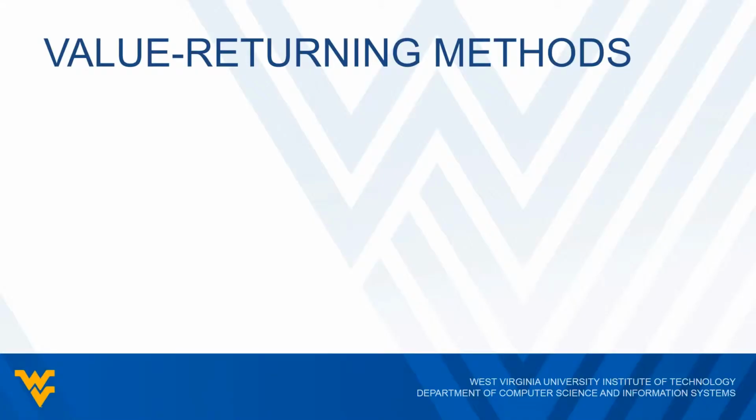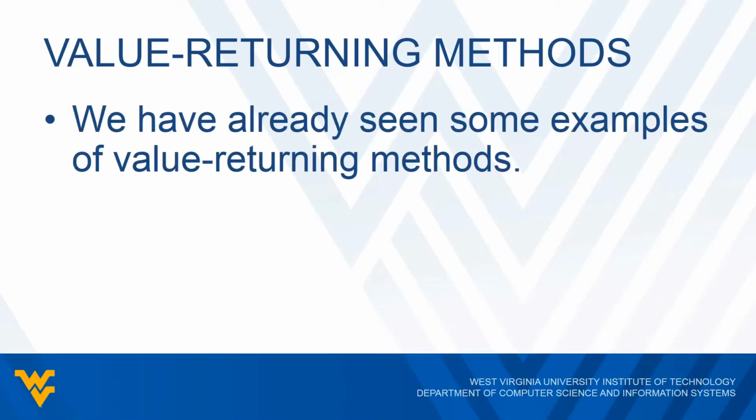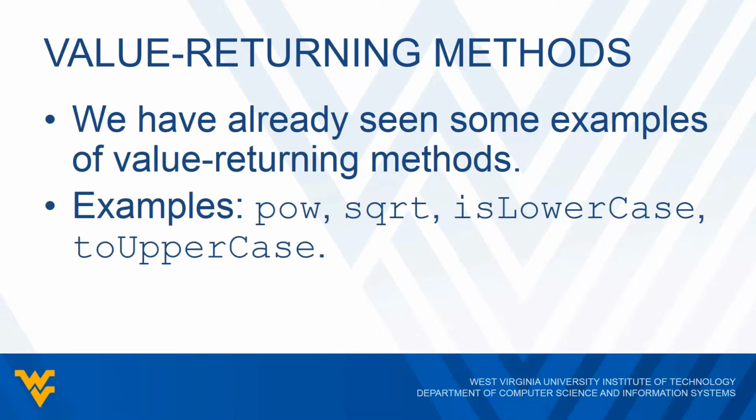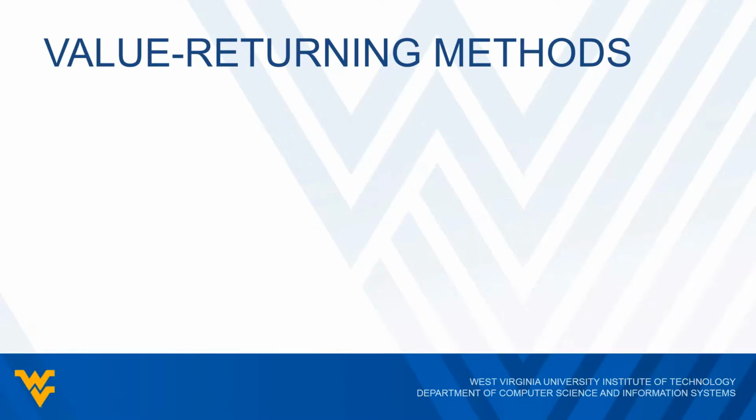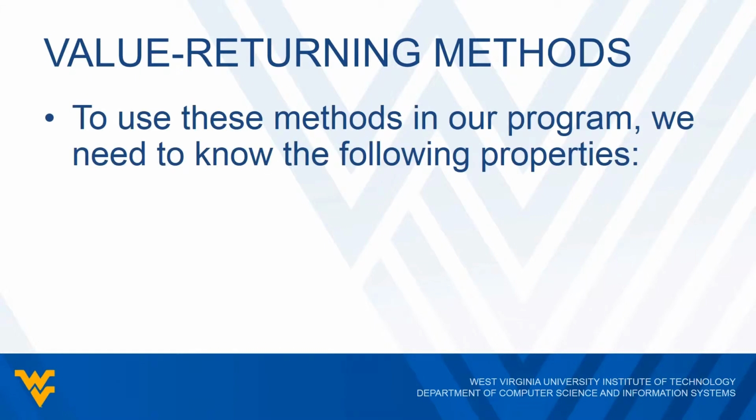As I've already said, we've seen examples of value returning methods, things like the pow method, square root, isLowerCase, toUpperCase. All these methods are going to do some type of calculation, and then they're going to return a value to whatever method called that method in the first place. If we're going to develop our own value returning methods, there are certain things about the method we need to know.